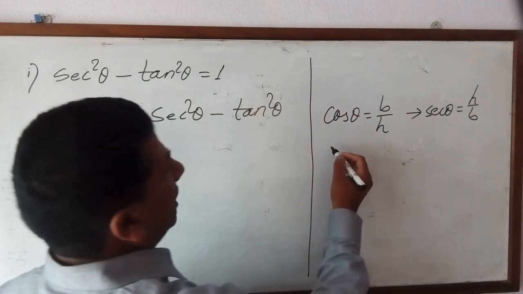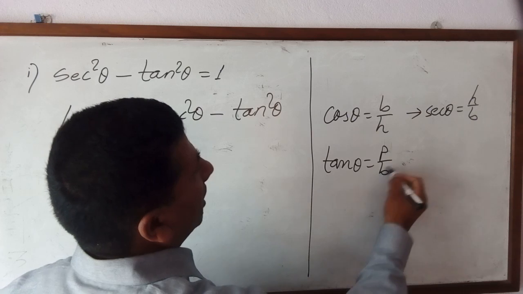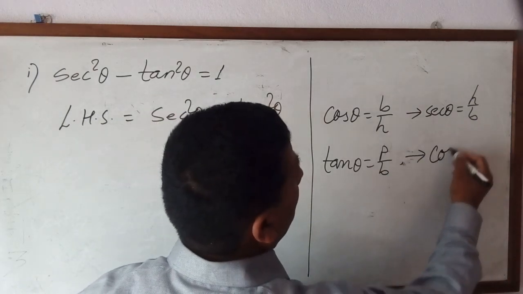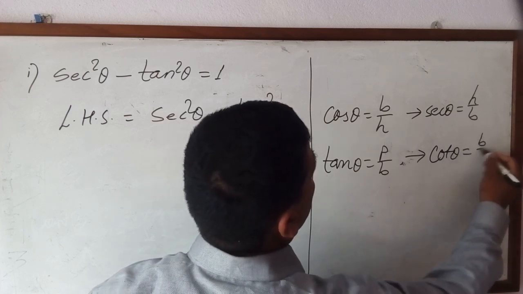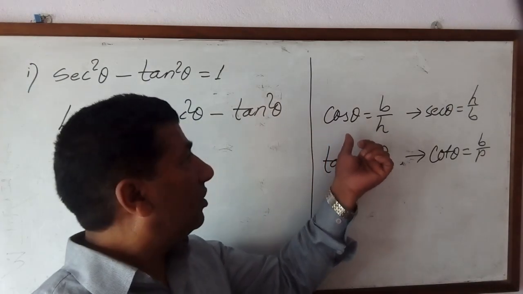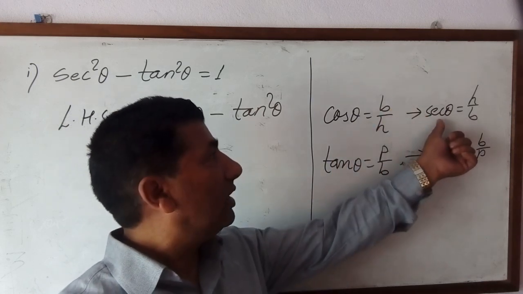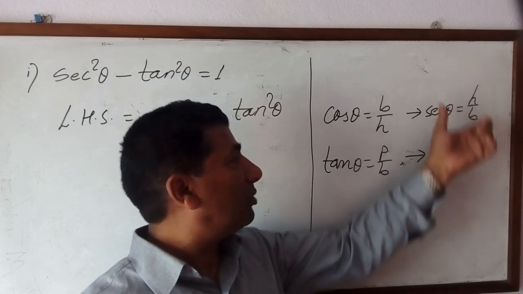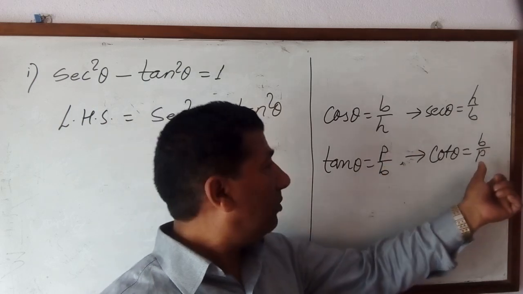Tan theta equals p by b, and its reciprocal, cot theta, equals b by p. Each is just the opposite, the reciprocal.